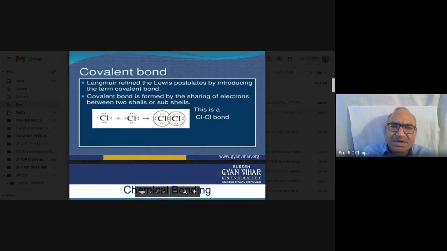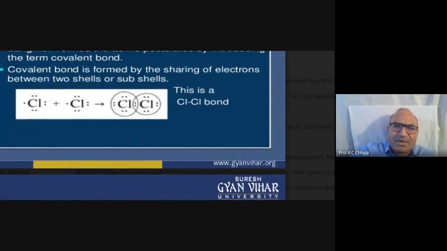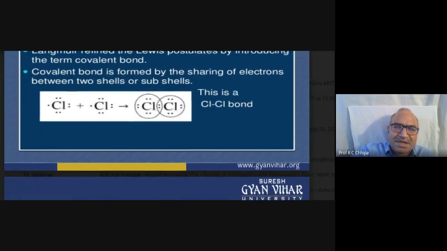Now the covalent bond. Covalent bond can be defined, and the postulate is that a covalent bond is formed by sharing of electrons. Earlier, in the case of the ionic bond, chlorine got 1 electron from sodium, and then they formed the electrovalent or ionic bond.